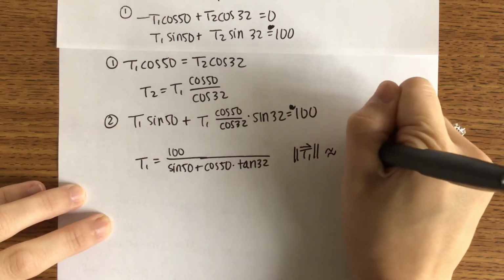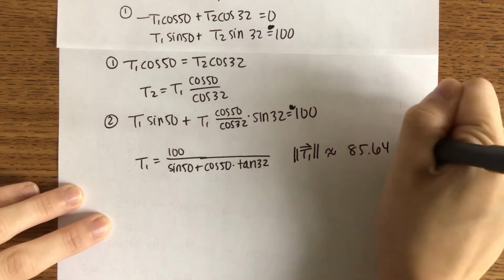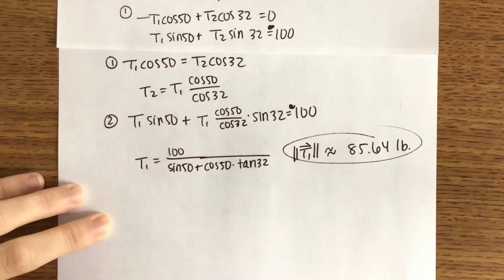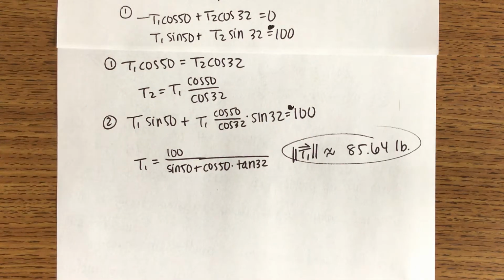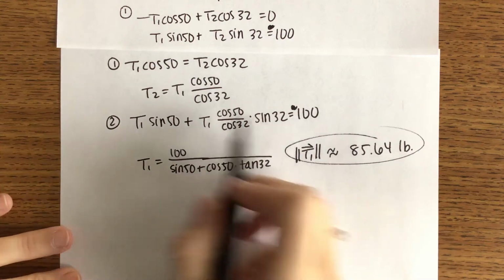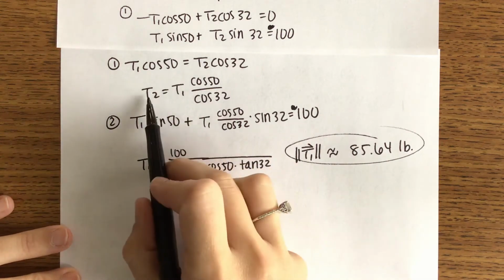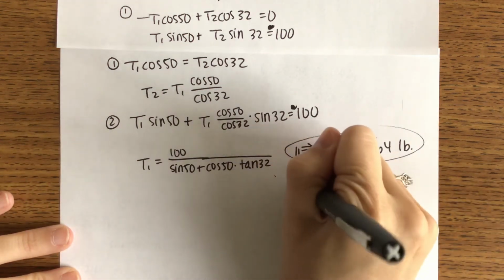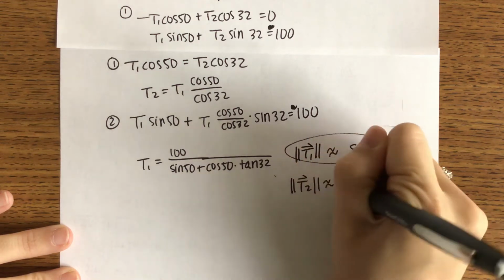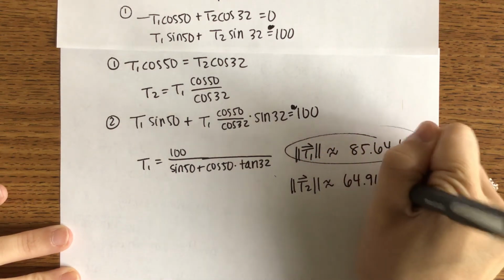That ends up being about 85.64 pounds. If you plug that back in up here, you'll get the magnitude of the second tension vector. That ends up being about 64.91.